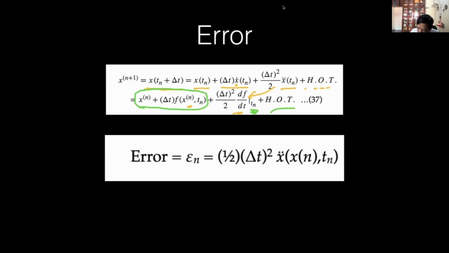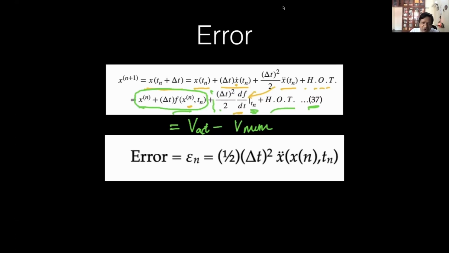So what is the error? My definition of error is the actual value minus the numerical value. So the actual value is everything, equation 37, and the numerical value is only this. So this is the error. This and onward is the error.